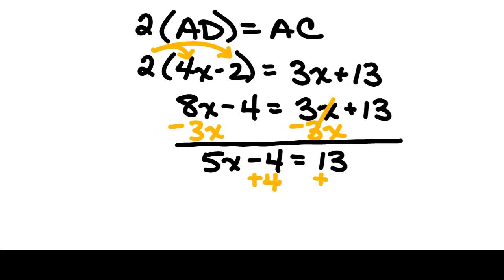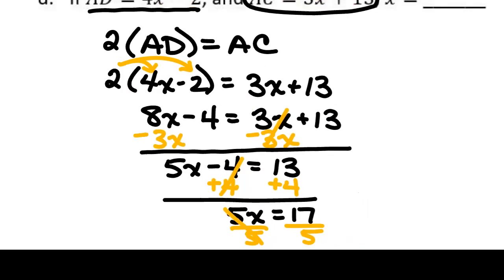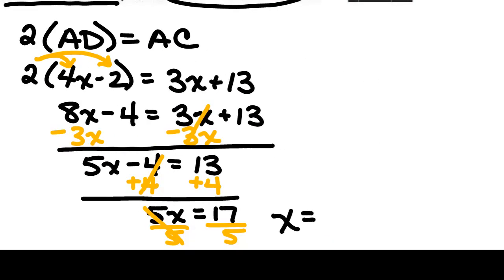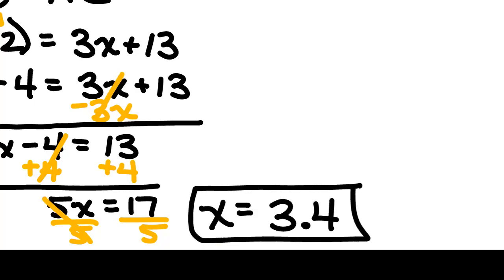Then I'm going to add 4 to both sides. What's 13 plus 4? 17. So 5x equals 17. Then we divide both sides by 5. What is 17 divided by 5? 3.4. So x is 3.4.